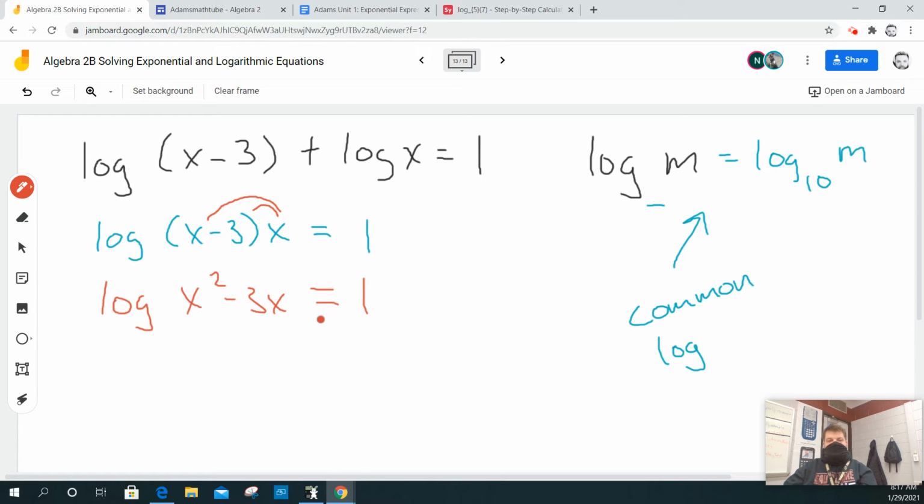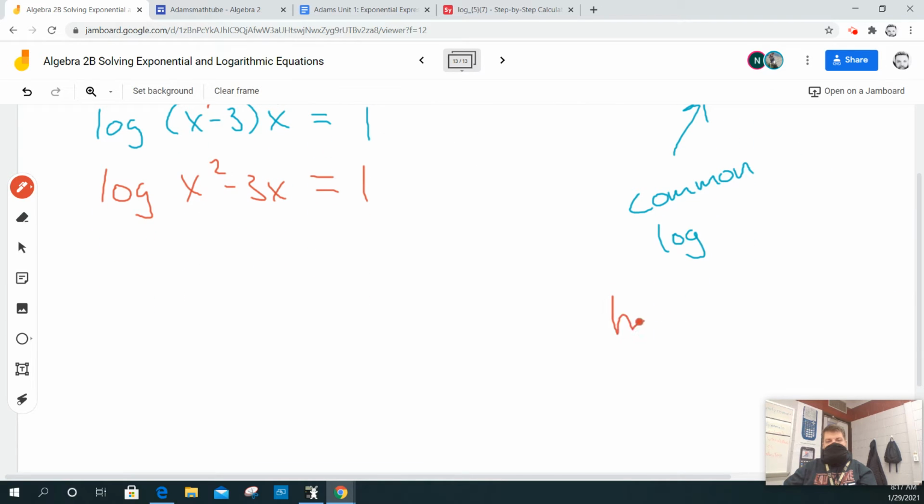So to solve this, I can use that property. Remember that b to the n is equal to m, and that is the same as the log base b of m is equal to n. So my base is 10, right?